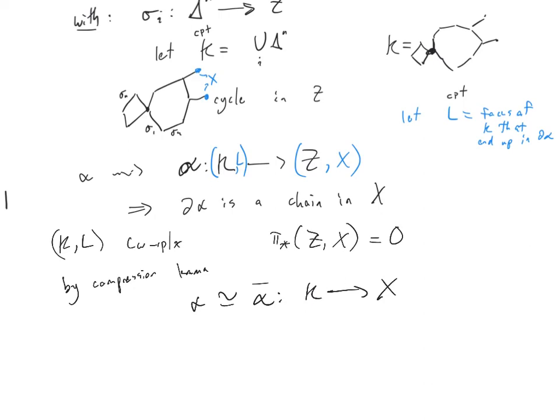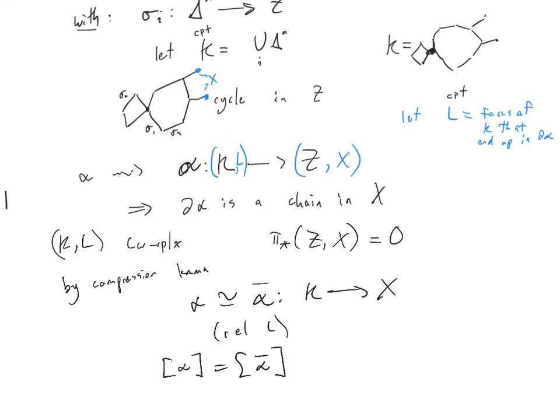This homotopy is happening relative L, and in the simplicial or singular homology world, that means the chain represented by alpha is equal to the chain represented by alpha bar.